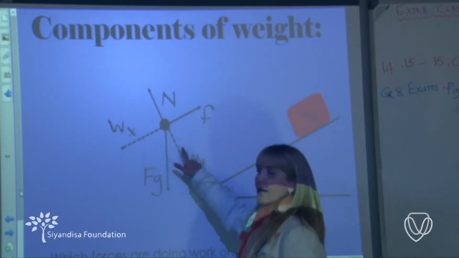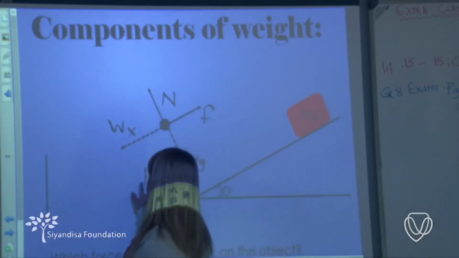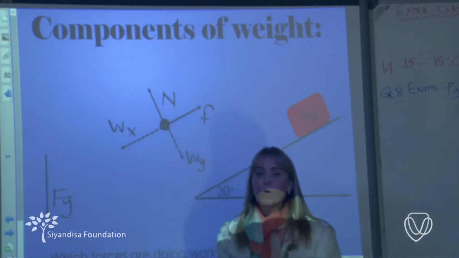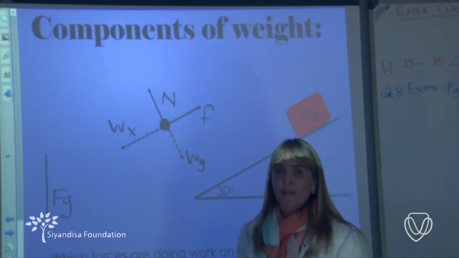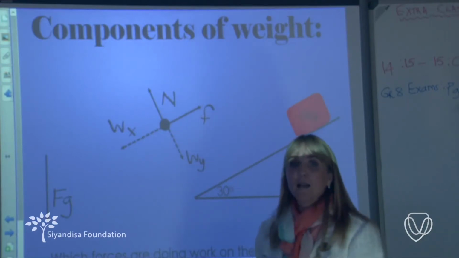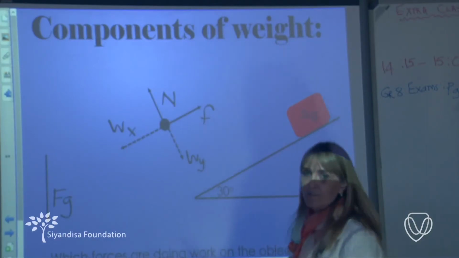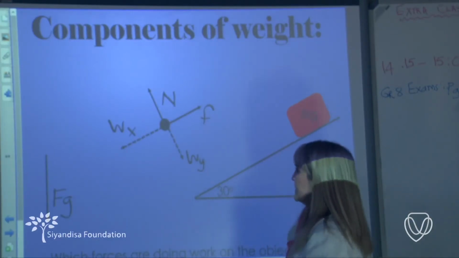If you have got Wx and Wy, please remember to remove weight. You cannot have weight as well as Wx and Wy in a free body diagram because Wx and Wy combined together give you weight, or the force due to gravity.